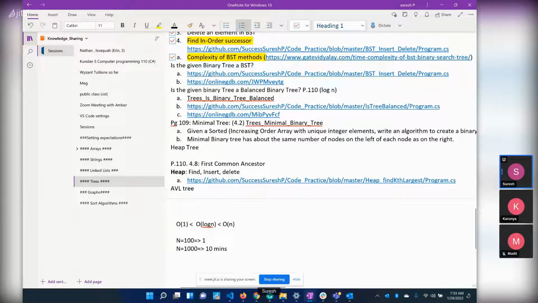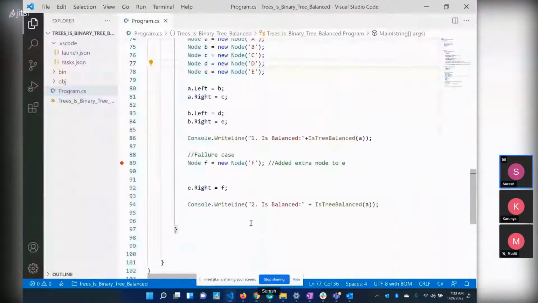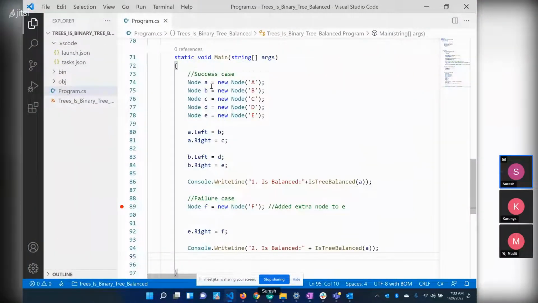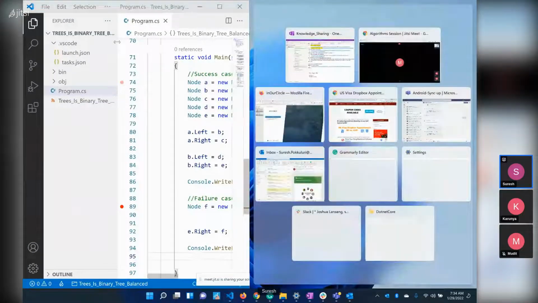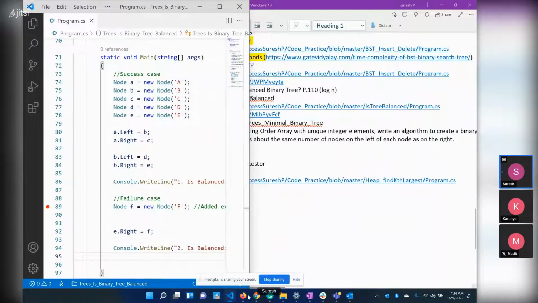So let's iterate the last week problem. Here is the thing we have, right? Let's construct this very simple tree. Okay, let me put this one on the other side.